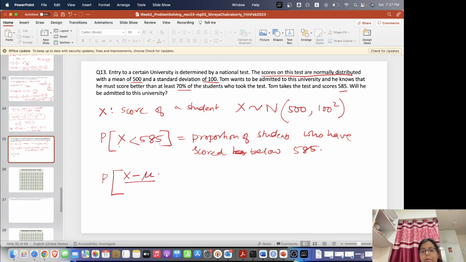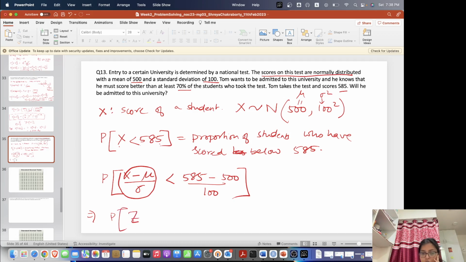I'll subtract the mean and divide by the standard deviation. So this is the mean, this is sigma square. This can be written as 585 minus 500 by 100. Okay, so now this variable follows a standard normal distribution, and this is less than 0.85.